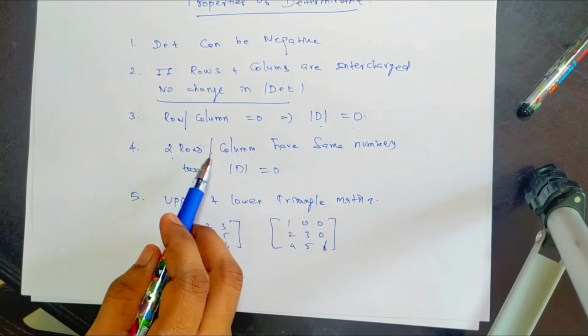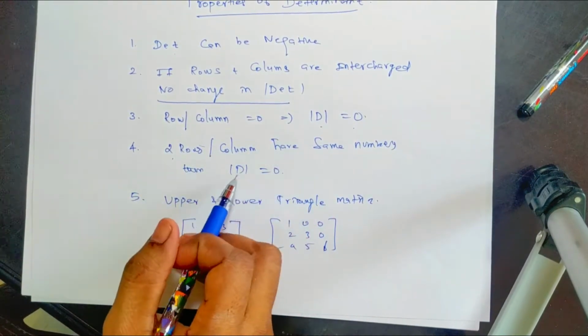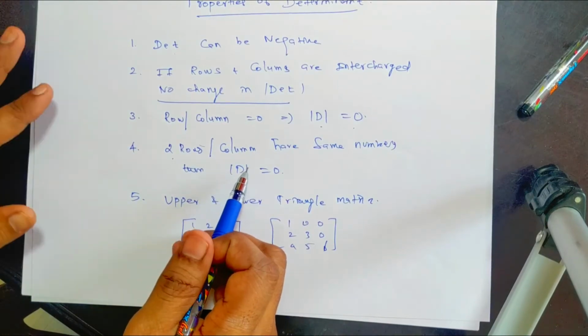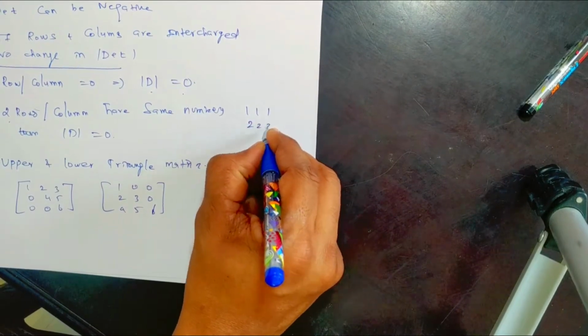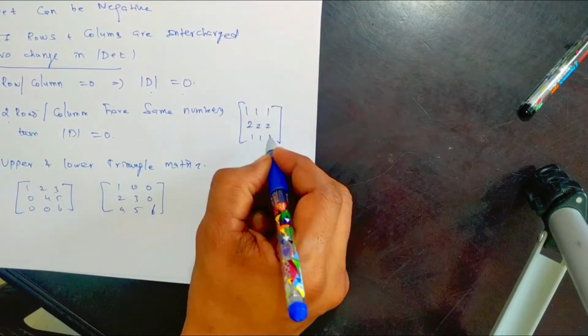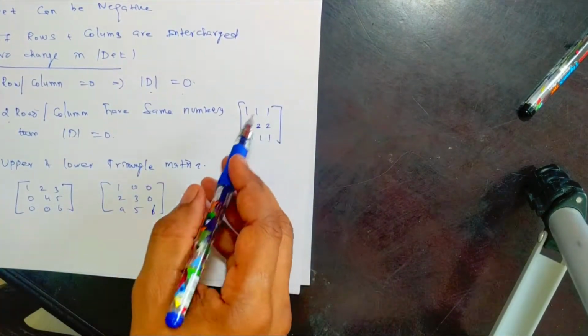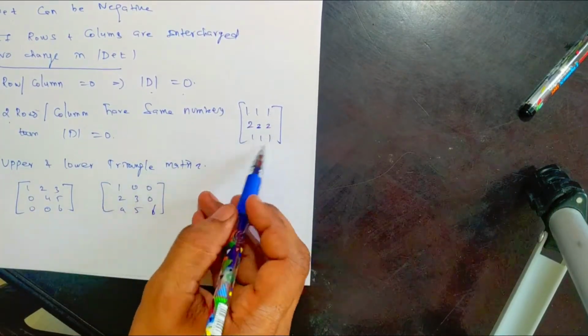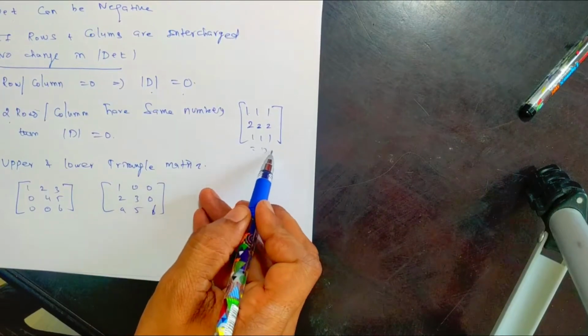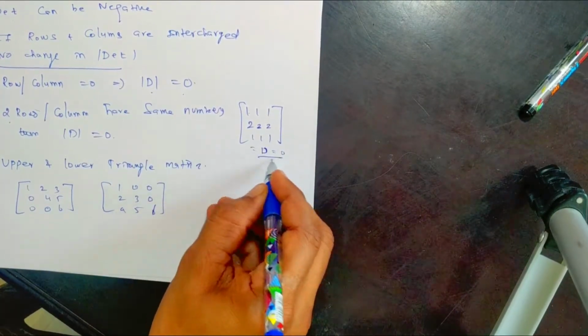If two rows or two columns have the same numbers, for example 1 1 1, 2 2 2, 1 1 1, then determinant value will be 0.